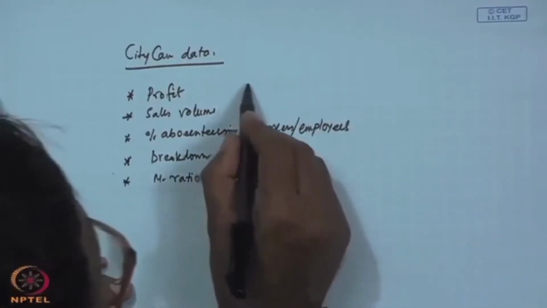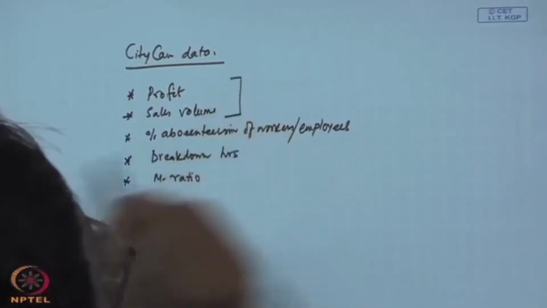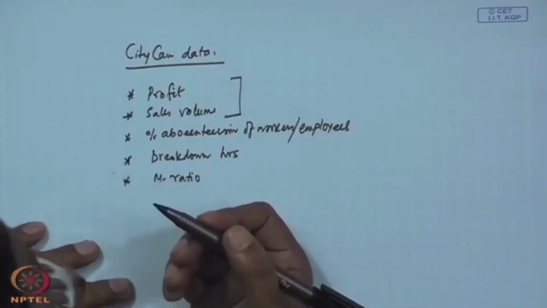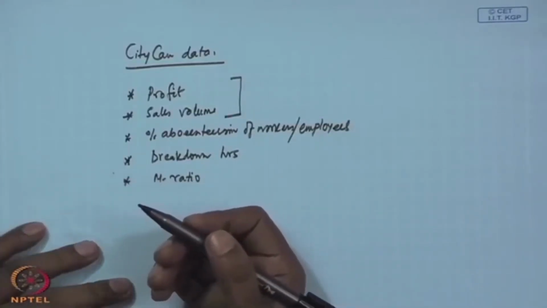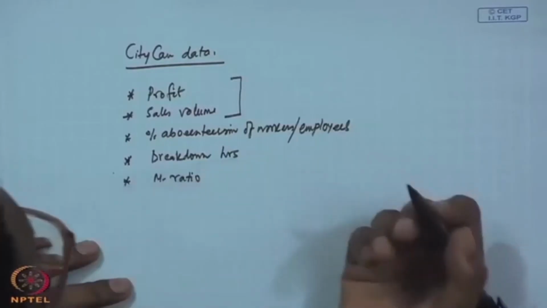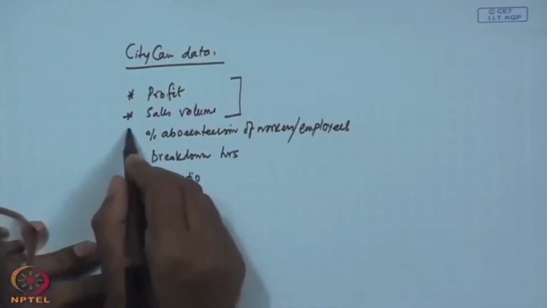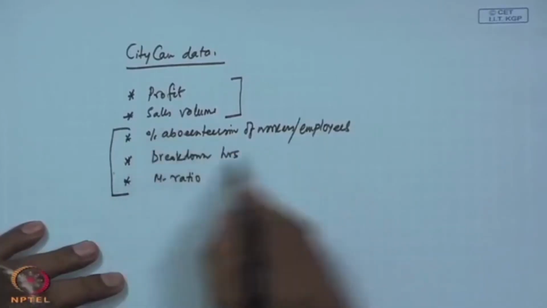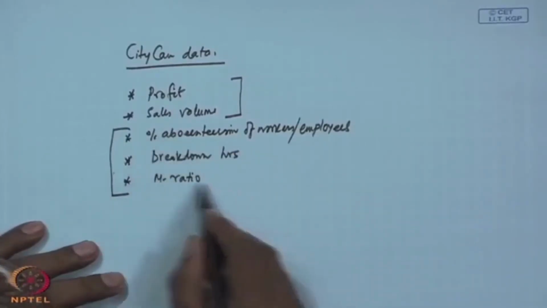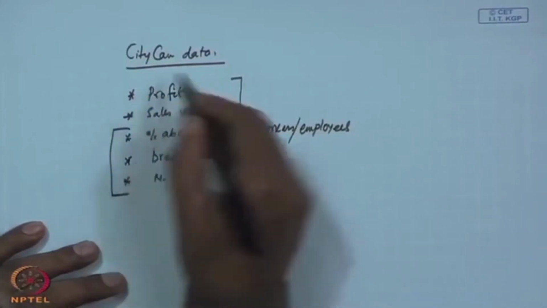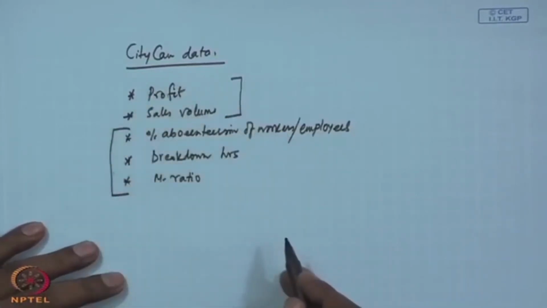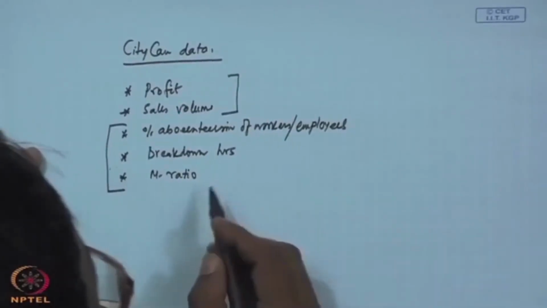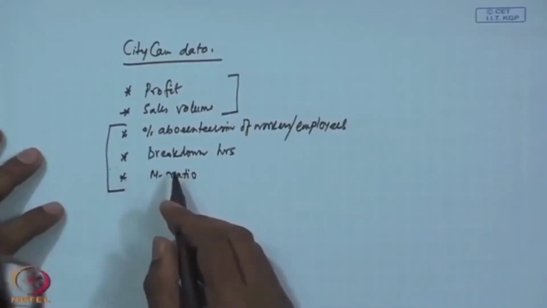The company's primary interest is how to improve the profit, definitely through maximizing the sales. And apart from many other things, the company is interested to know how these three variables, the absenteeism, breakdown hours and M ratio, are affecting sales volume as well as profit. Under this situation there are two types of variables.